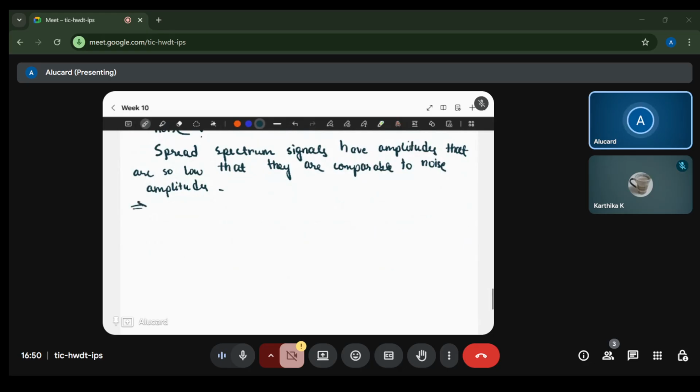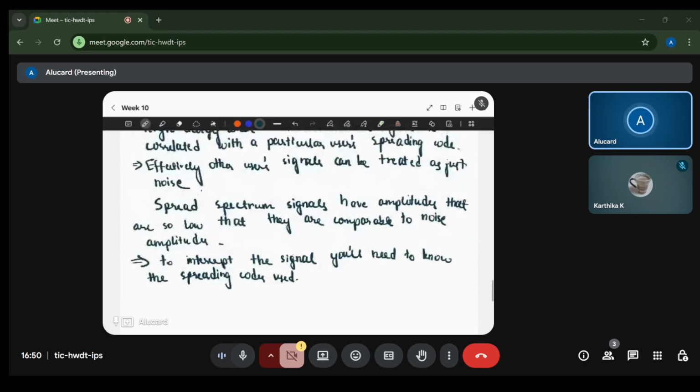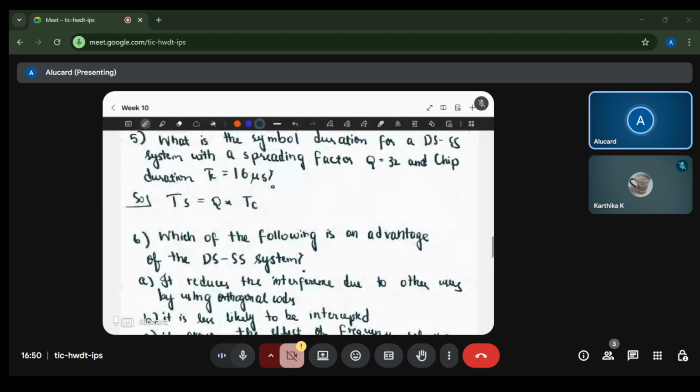It should imply that to intercept the signal, you'll need to know the spreading codes. That should answer whether B is correct or not.